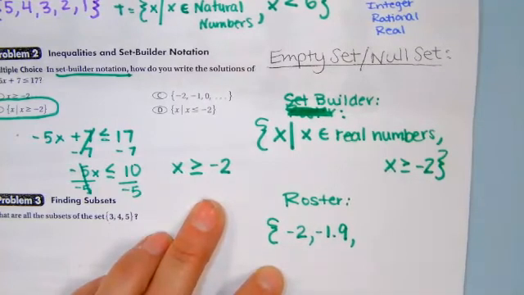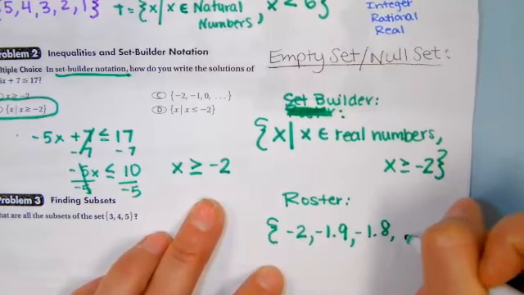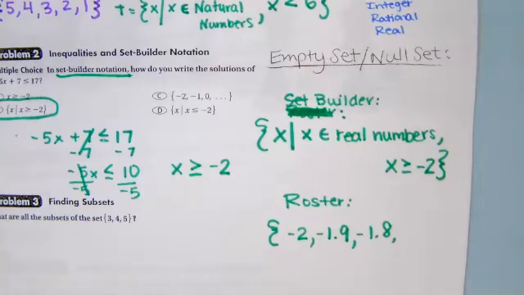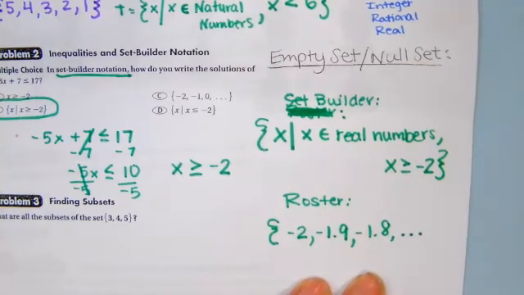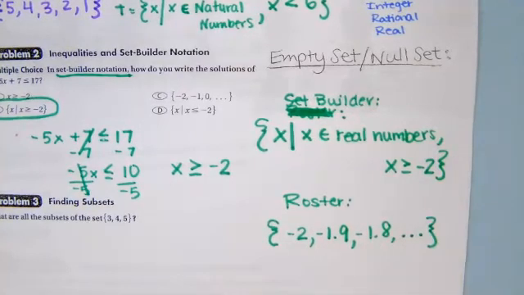It's a real number. It's not saying it's integers. Does that make sense? What's the next one? -1.8. And then, is it possible to list all of the numbers that are greater than -2? All of them? So what you're going to do in that case, if it's roster, is you put ..., meaning this keeps on going in this direction forever, right?